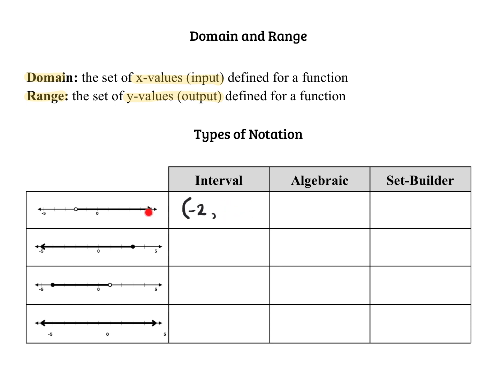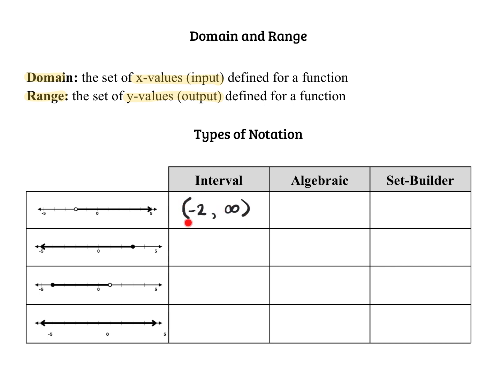Now, if it's just continuing infinitely to the right, our highest value is considered to be infinity. And infinity always goes with a parenthesis or an open bracket. It's never technically included, and I like to think of it as, because it's not technically a number, we can't technically include it. So this is how I would describe this domain in interval notation, low to high, and we can see that -2 is not included.